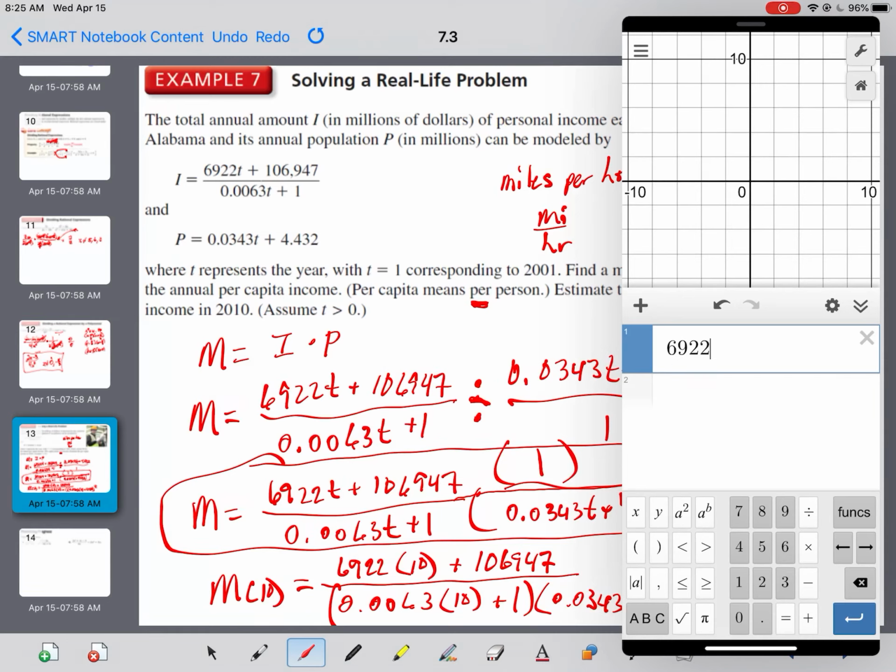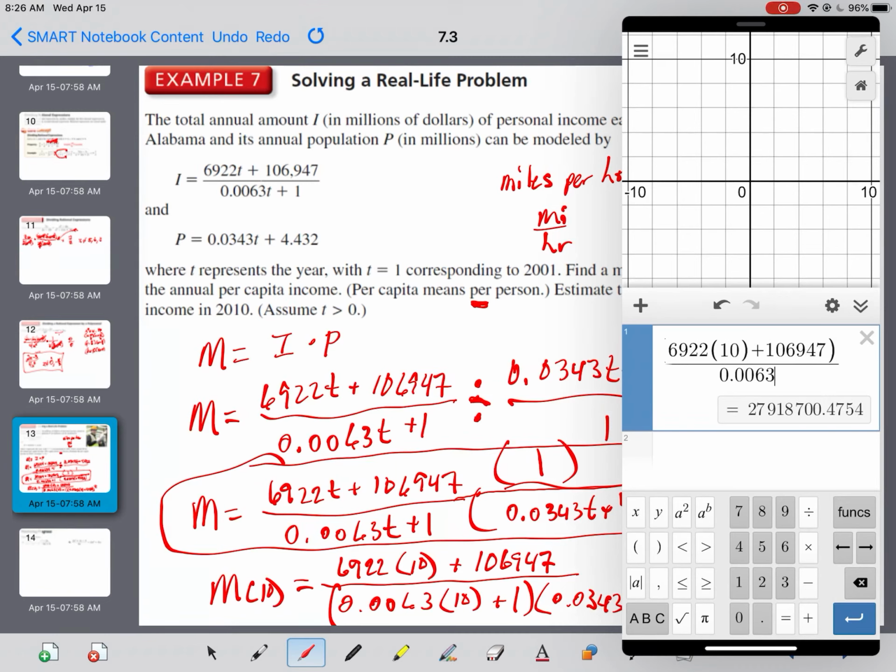And that's going to be some sort of a funky decimal. 6922, where's my 6? Times 10 plus 106947.